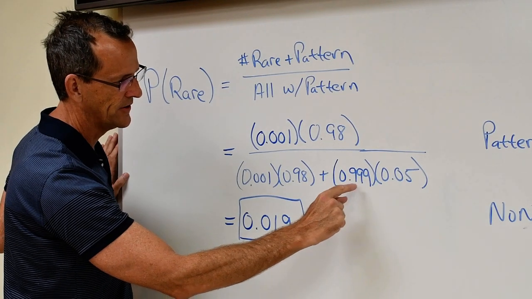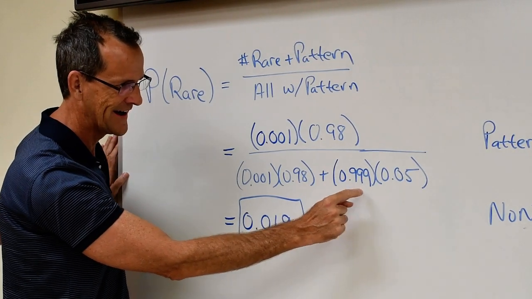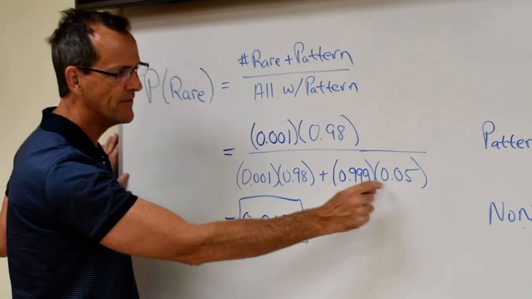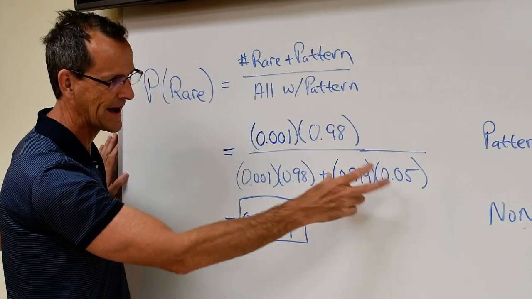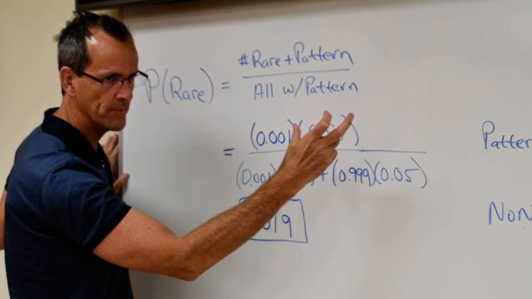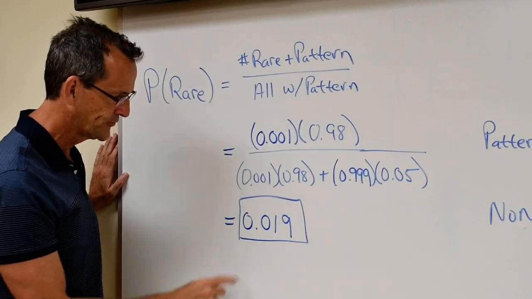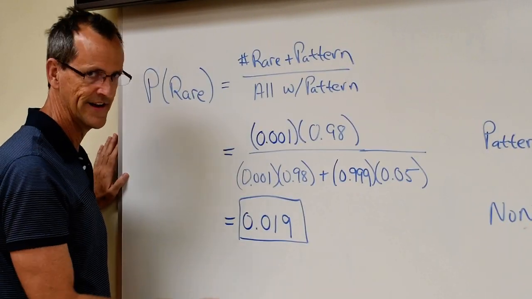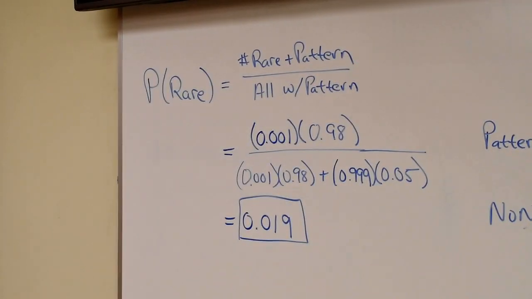Most of the beetles are common, 99.9% of the population, but of those, only 5% have the pattern. So two things have to happen to get a common pattern beetle. When you crank through this one, you should get 0.019 as your answer. And with that, we will end the video on Bayesian theorem.